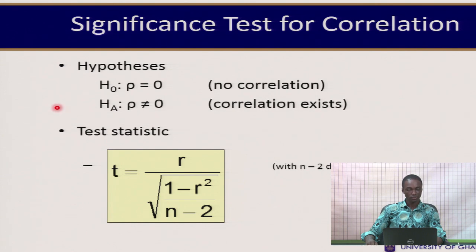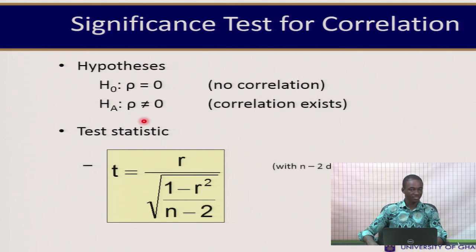So, our null hypothesis will be that there is no correlation between the two variables, which will state that our rho, or our population correlation coefficient, is 0, against the alternate hypothesis that a correlation exists, which will actually test the hypothesis that rho is not equal to 0.